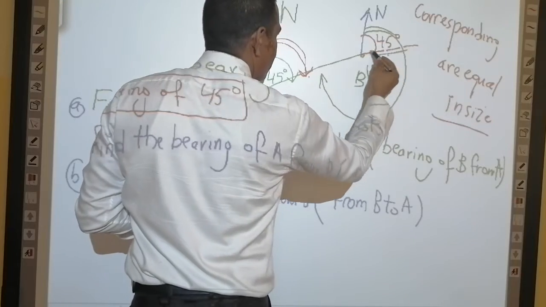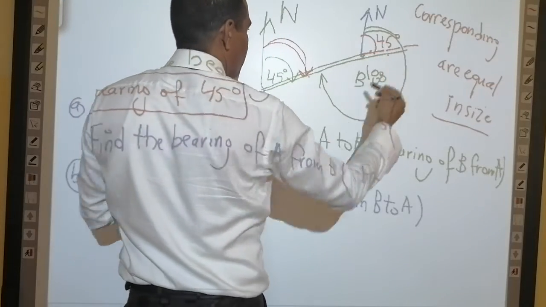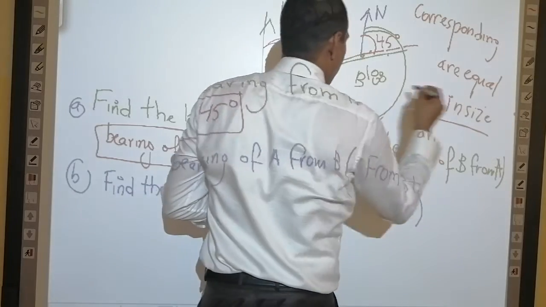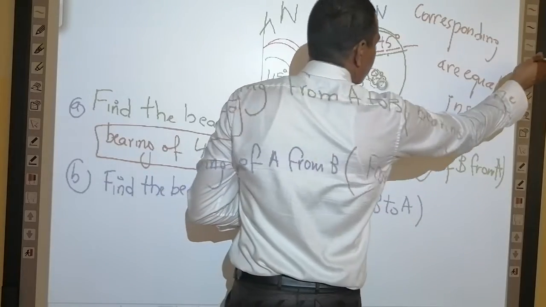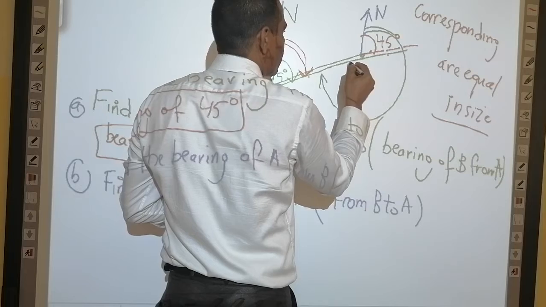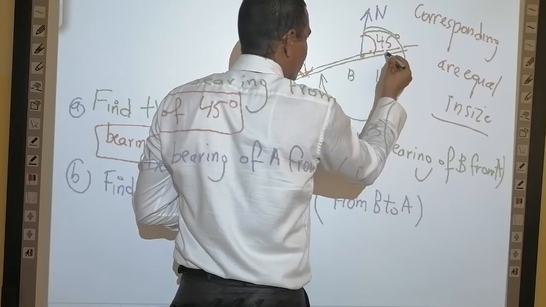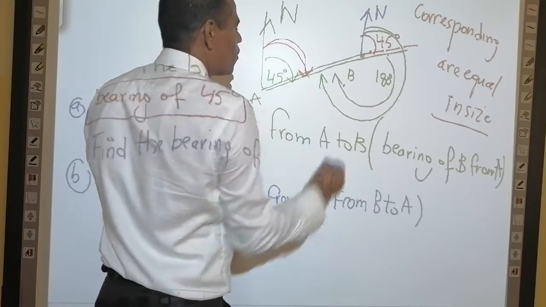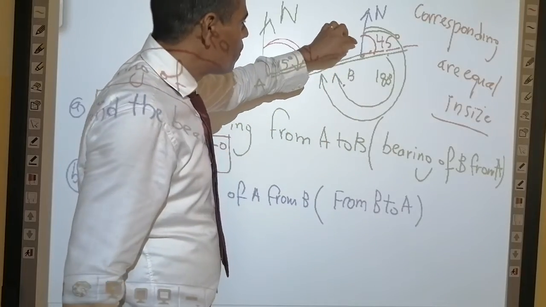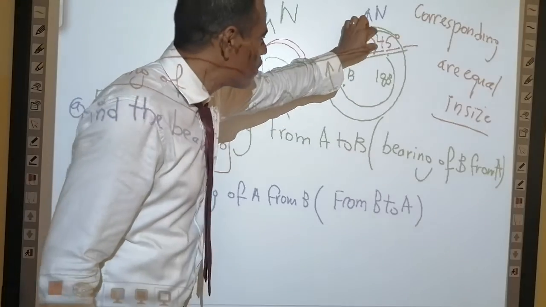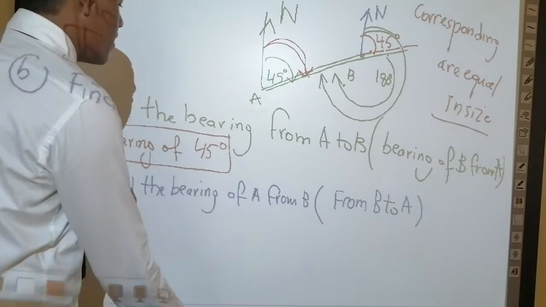This is 180 degree, okay, because it's a line, a transversal that cuts the two parallel lines. So this is the point B, and this one is 180 degree. So to find the bearing from B to A, or the bearing of A from B, is 45 plus 180.